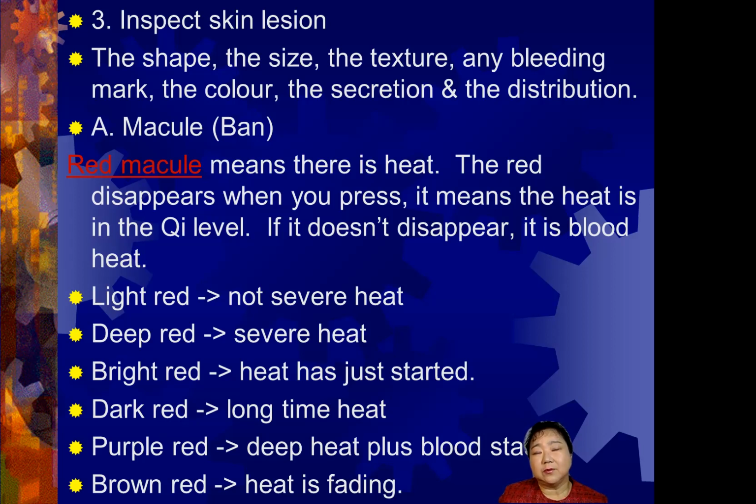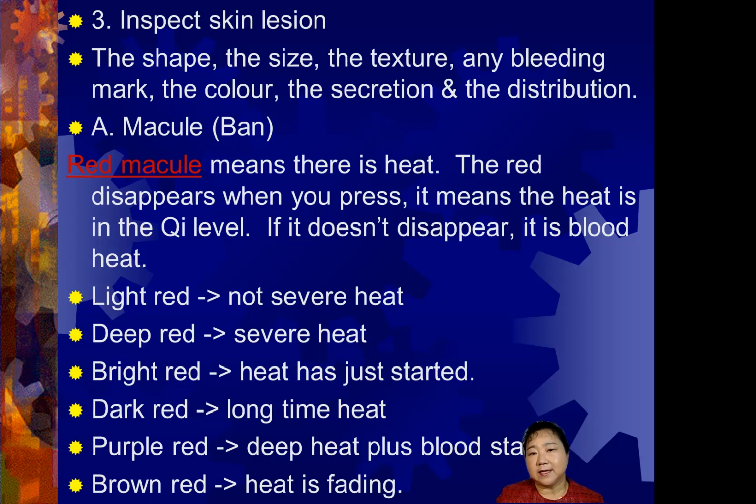But one day a psoriasis patient walked in and showed me her really red skin, and when I pressed, the redness didn't disappear, which really proved it. So it tells us it's blood heat. So the color of the skin really has some meaning for us and also helps us to identify the pathogen for the skin condition. Okay, now let's go on.